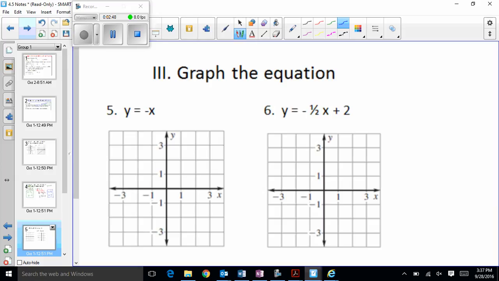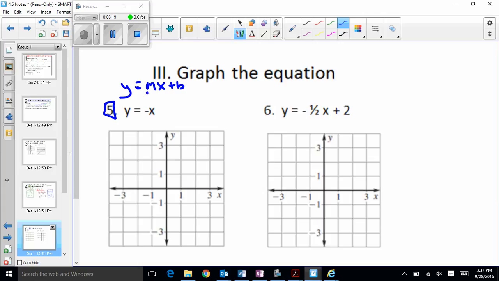Here they want us to graph it. And when you look at this first problem, number 5, y equals -x, you might think, well, this is some kind of crazy equation. Well, actually, it's not. If I put the template up here, y equals mx plus b, and I try and compare it to the equation that we have, first of all, we've got y in the right spot, equals, and then we've got our x term.